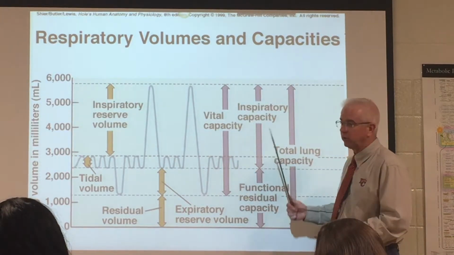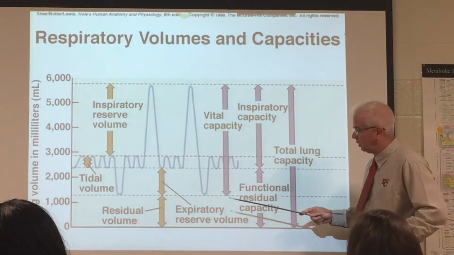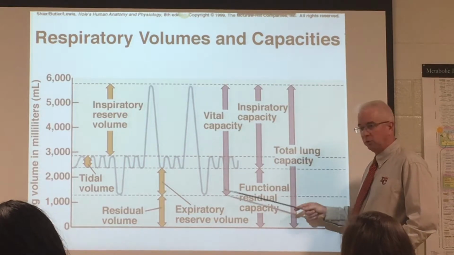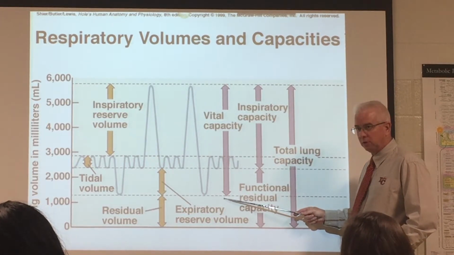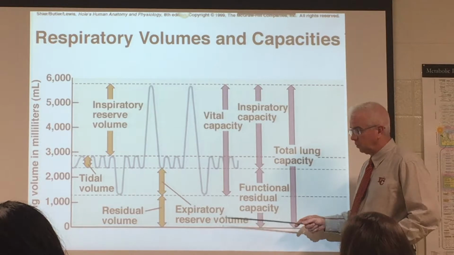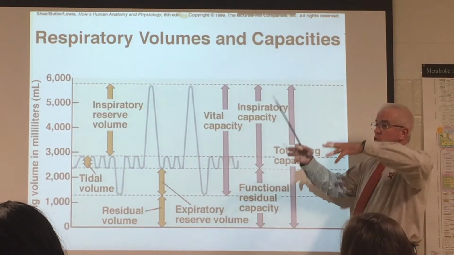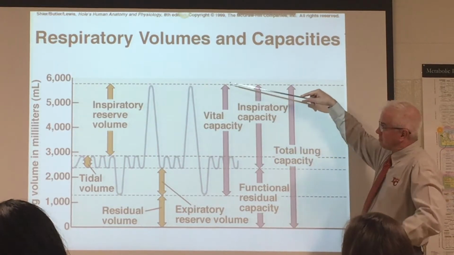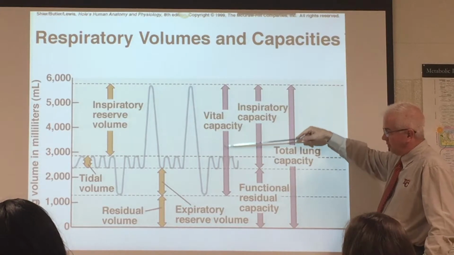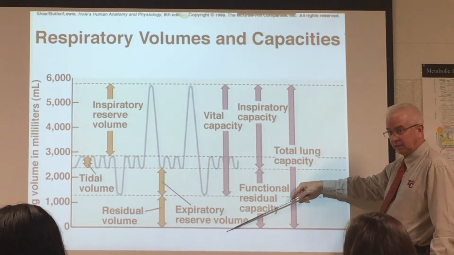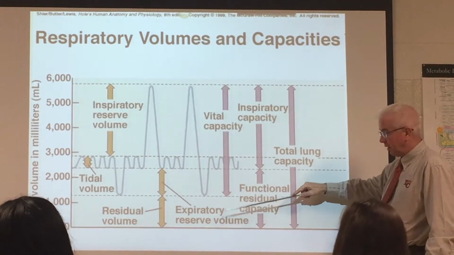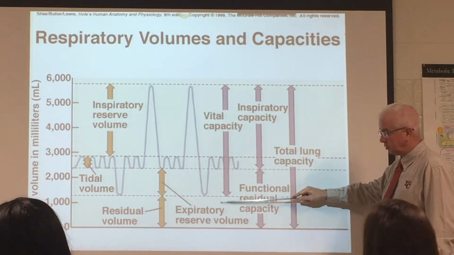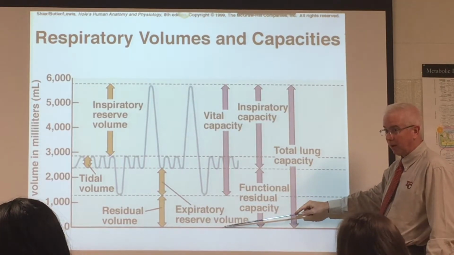Now, as you blow that vital capacity out, here's what you go through. So you take your deep breath and you run the system all the way down to the residual volume here. So when you go like that, all of this air is in the system. Now the reason I mentioned residual volume, this air is not going to come out.